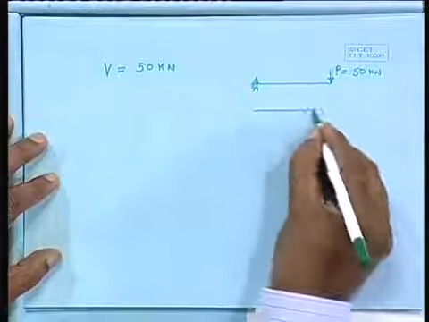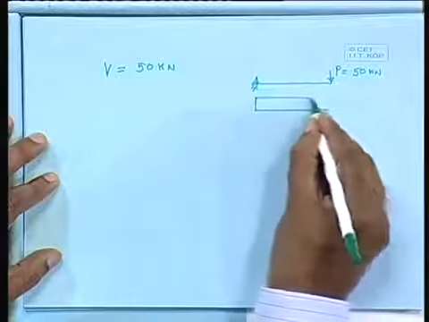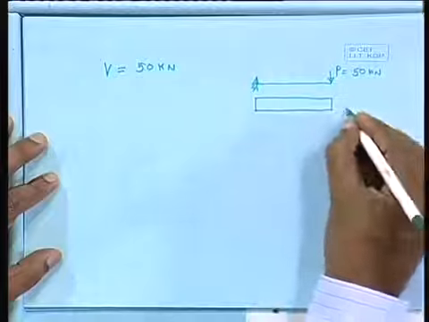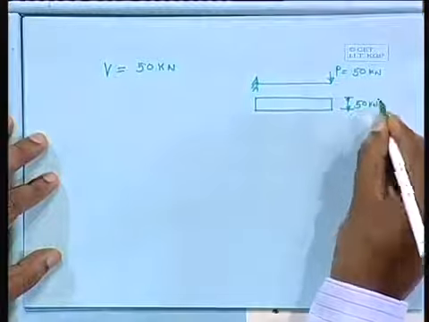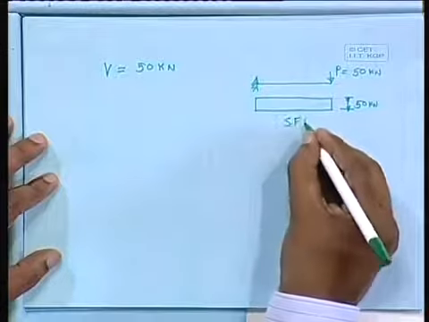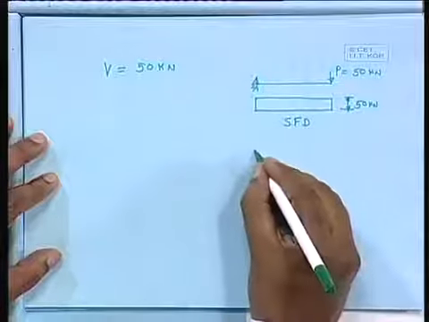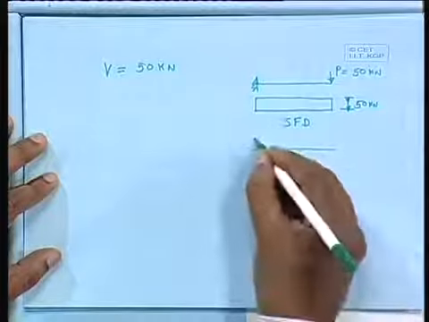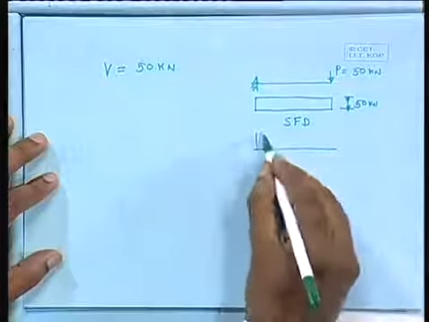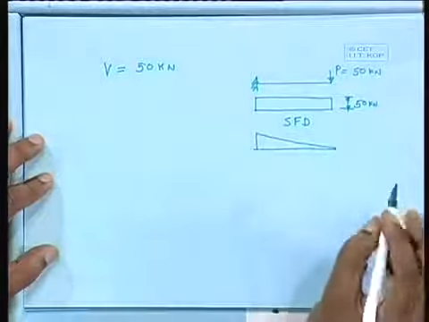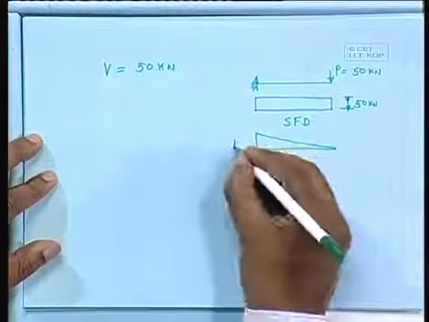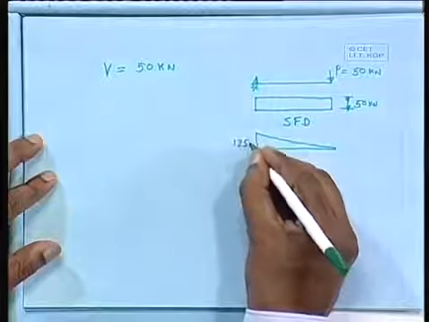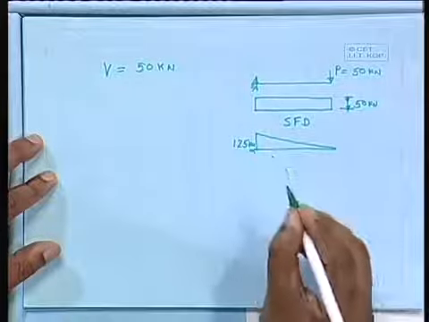What about the shear force? Shear force is constant, which is nothing but 50 kilonewton. This is your shear force diagram. What about the bending moment diagram? So we shall get 50 into 2.5, which comes to 125 kilonewton meter.